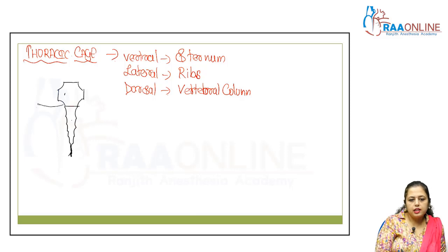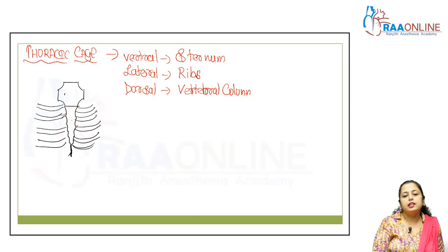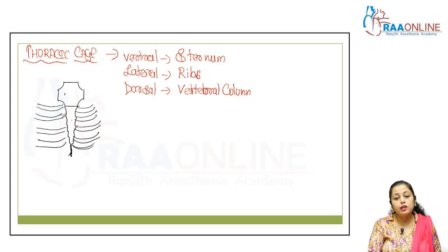These ribs are attached with the sternal margin of the sternum, or we can say the costal margin of the sternum. Costa word is used for the ribs. And from the posterior side or the dorsal side, these ribs are attached with the vertebrae, right?